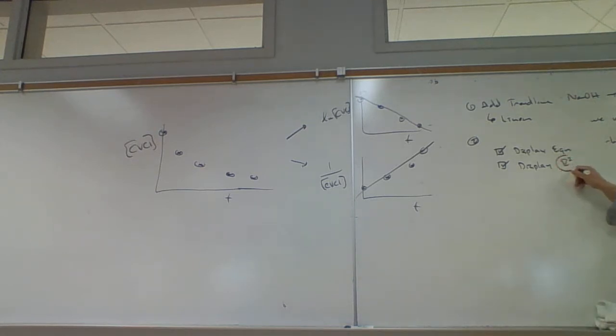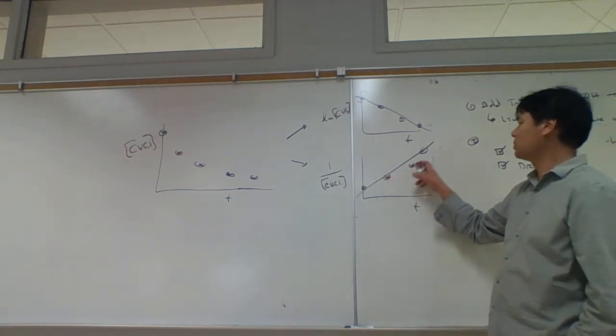The R squared is something we want to pay attention to, because the R squared is called the correlation factor. The correlation factor tells us how well the data fits the trend line.